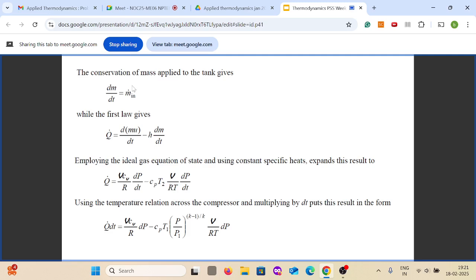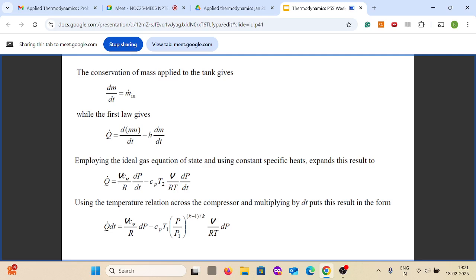And when we do a mass balance, there is no exit from the tank, so only inlet, so that is equal to the change in mass of the system. So rate of change of mass is the mass flow rate to the tank.